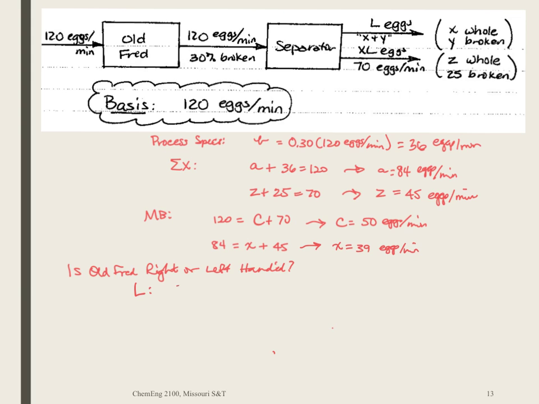So he broke 39 eggs per minute out of the 50 that he had. Oh, excuse me, that's whole. Excuse me. So he broke 11 out of 50, which is 22% broken. What about the extra large? Well, he broke 25 out of 70, which is 36% broken.